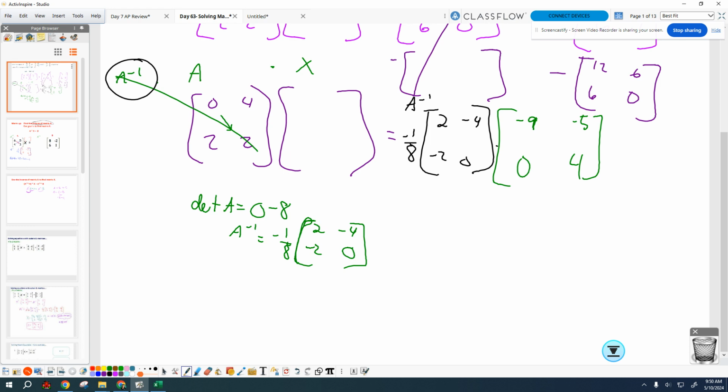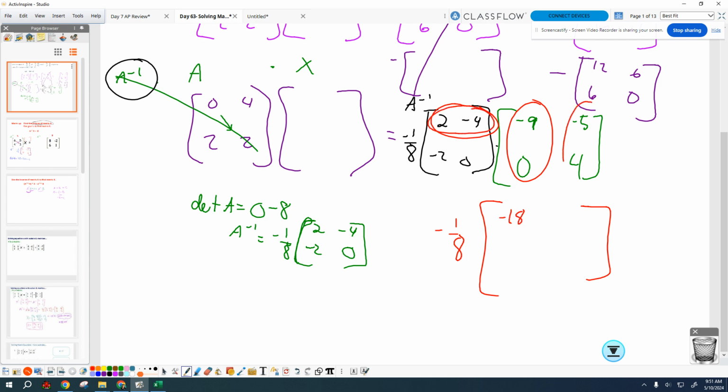So you do the first row, 2, negative 4, times the column, negative 9, so it'd be negative 18, and then you do that first row again times the second column, so it would be negative 10, well, technically minus 16, so negative 26, and then second row times the first column, positive 18, and then 0, and then that again, 10, and then it's 0. Well done.